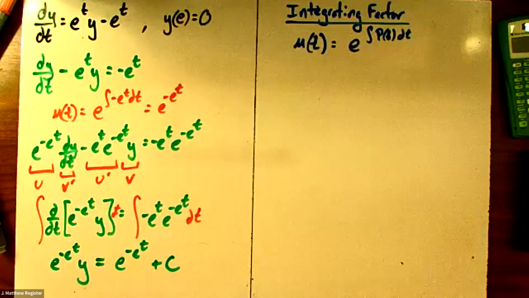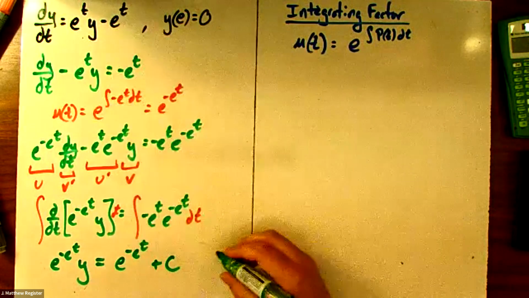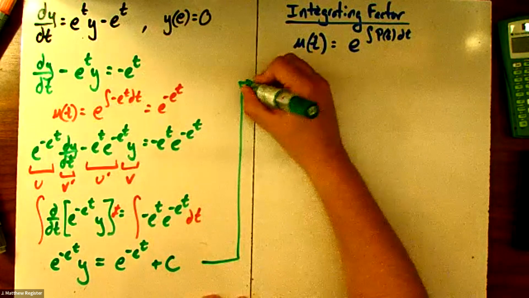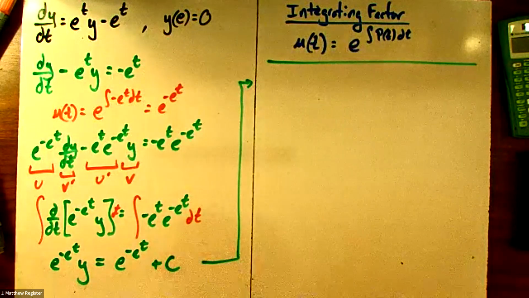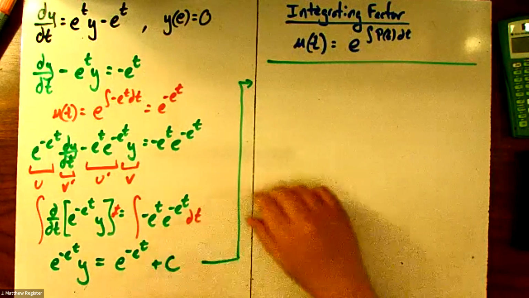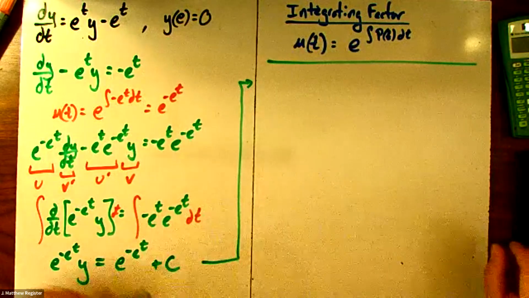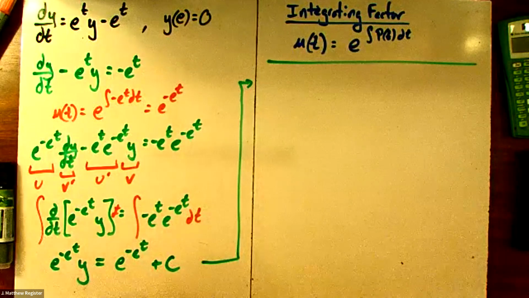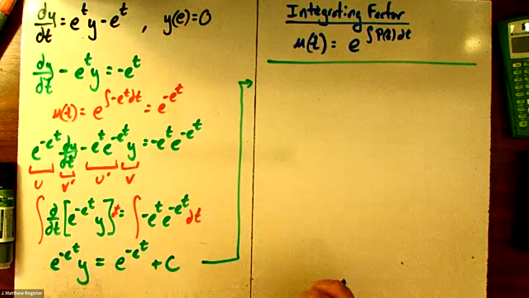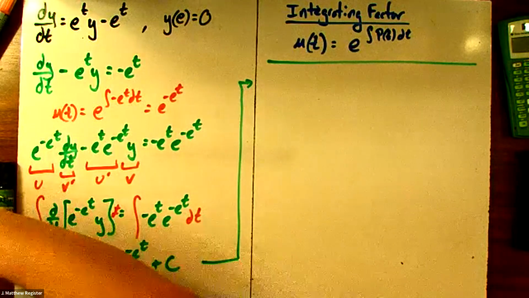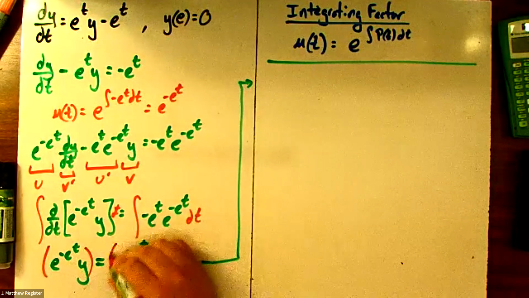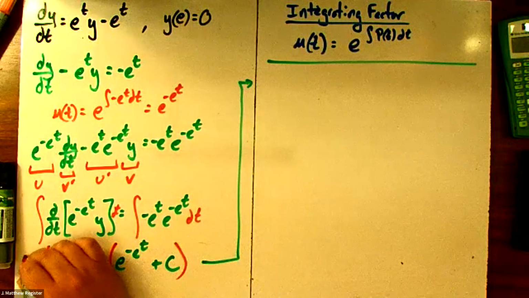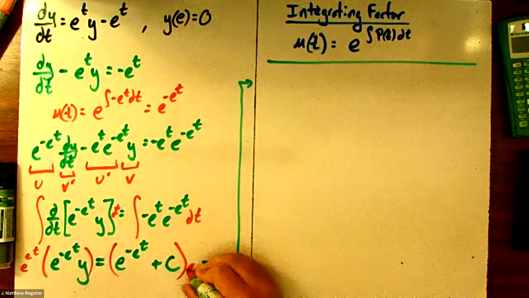Now we have to actually figure out what our c value is, because this was an initial value problem. Oh, sorry, I guess before that, we should actually solve for y. And so to solve for y, we can multiply everything on both sides by e to the e to the t.